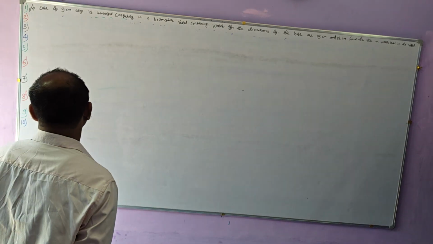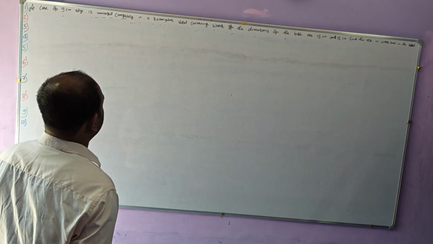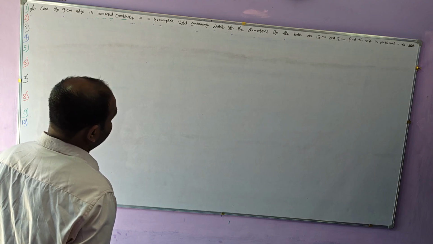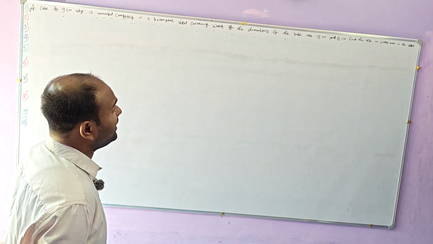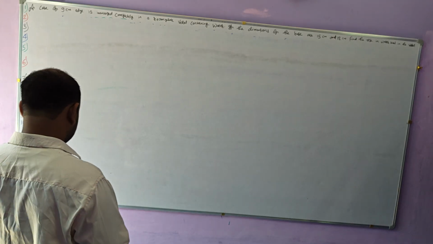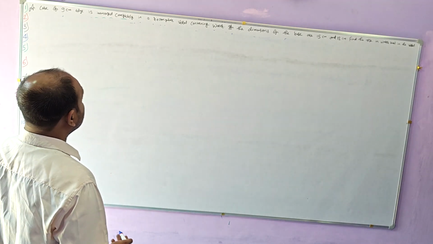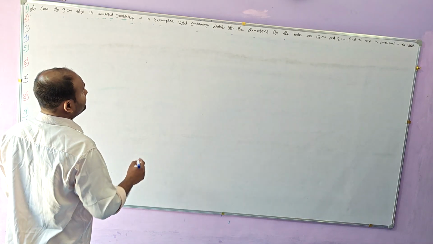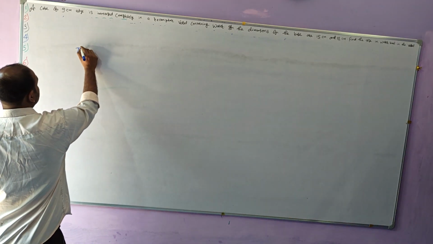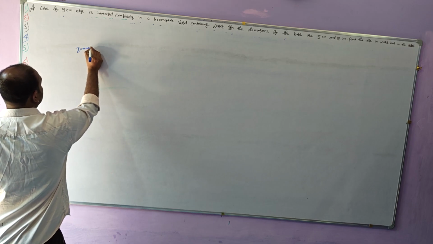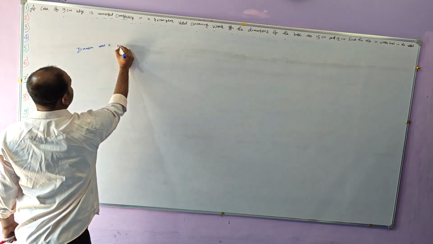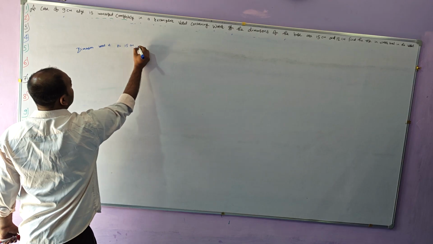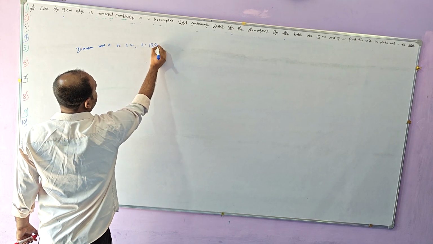So the dimensions of the vessel are L is equal to 15 centimeter and B is equal to 12 centimeter.